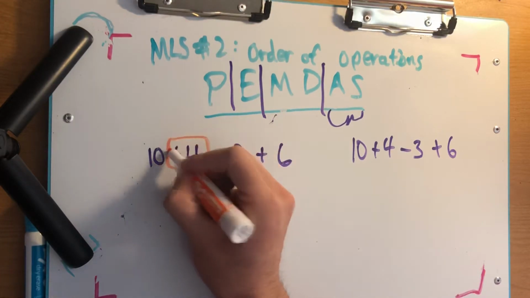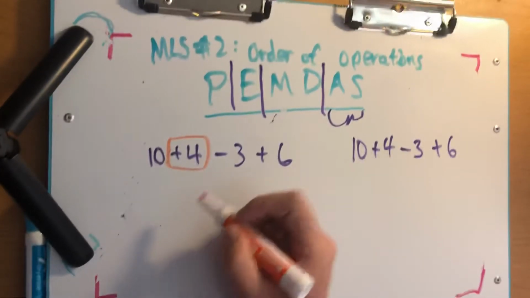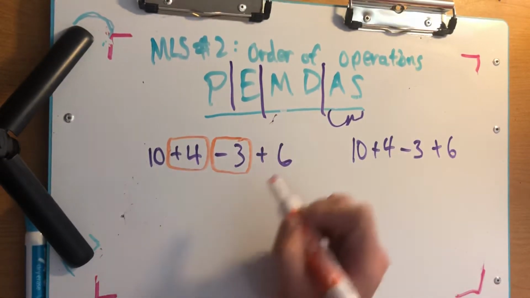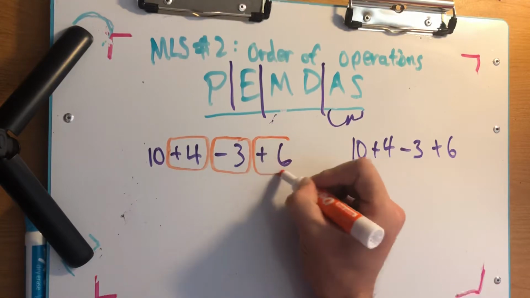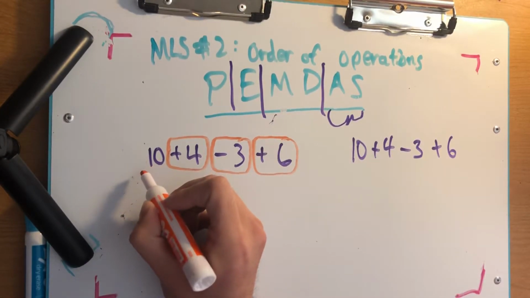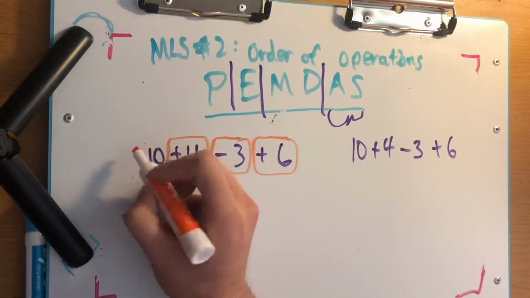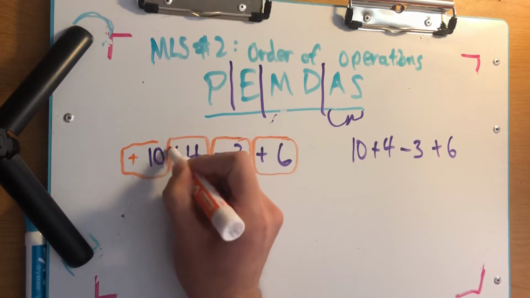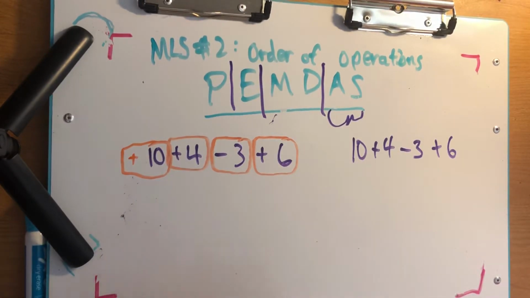Plus 4, that's an action. We're adding 4 to something. Minus 3, that's an action. Plus 6. And this 10 doesn't have a sign in front of it, but we know it's positive, so you can think of it essentially as plus 10. These are the actual actions.